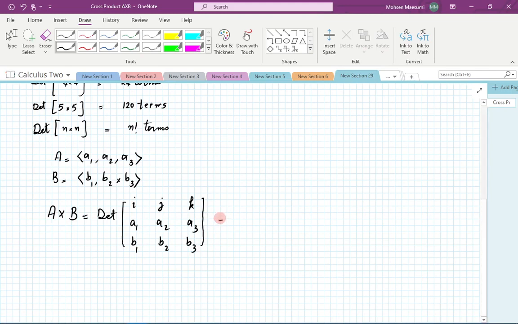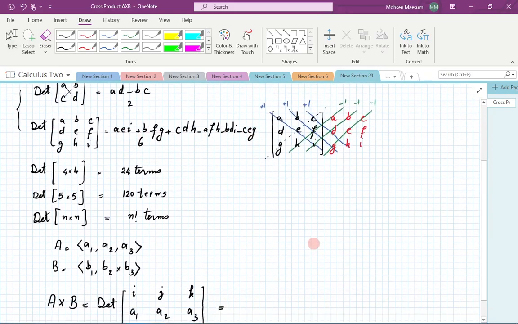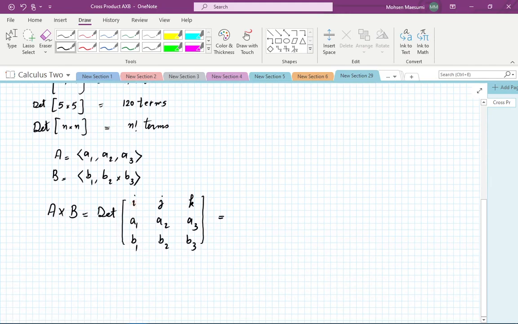Well, one way to simplify these 6 items that we have here is to collect the items that are multiplying vector i, the ones multiplying vector j, and vector k. Remember, in this context, these i, j, k are not numbers, rather they are vectors. So I can summarize it in the following way. Out comes a vector. That vector is going to have components i, j, k in it. And then there's going to be so many i's, so many j's, and so many k's.